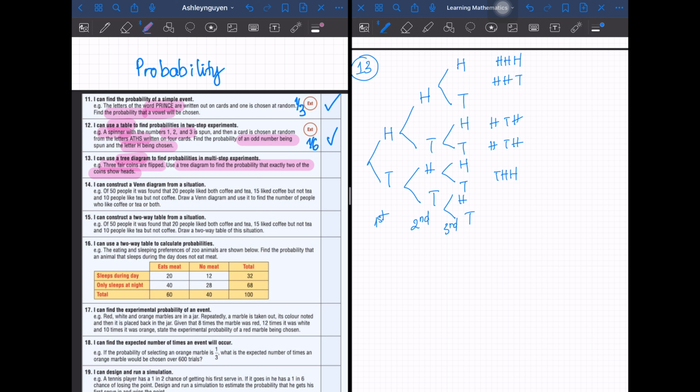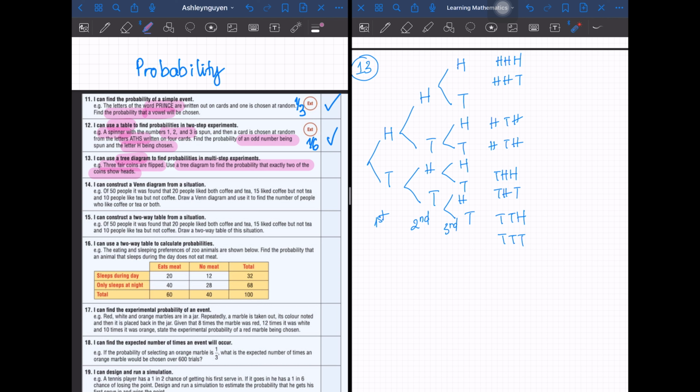THH, THT, TTH, and TTT. So if you are not sure that you have enough possible outcomes, it is so easy. The first time you flip the coin, you have two possible outcomes. The second time, you have two possible outcomes. The third time, you have two possible outcomes. So you should have 8 possible outcomes together.